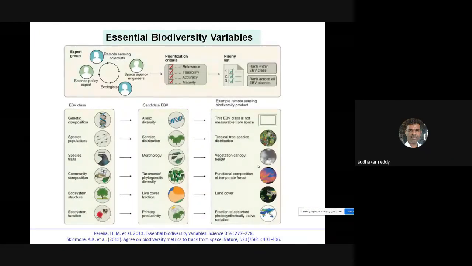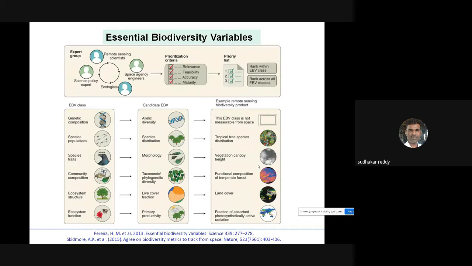Here, the expert group is cross-disciplinary, and with the support of the Convention on Biological Diversity, it has made a document on the essential biodiversity variables. It has expertise from remote sensing scientists, space agency engineers, ecologists, and science policy experts.